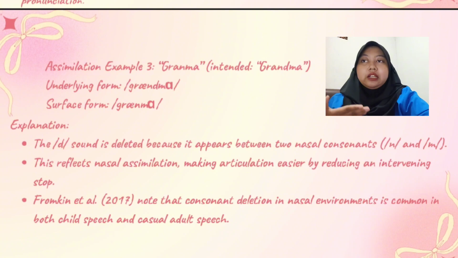This reflects nasal assimilation, making articulation easier by reducing an intervening stop. By Fromkin et al., 2017. Note that consonant deletion in nasal environments is common in both child speech and casual adult speech.